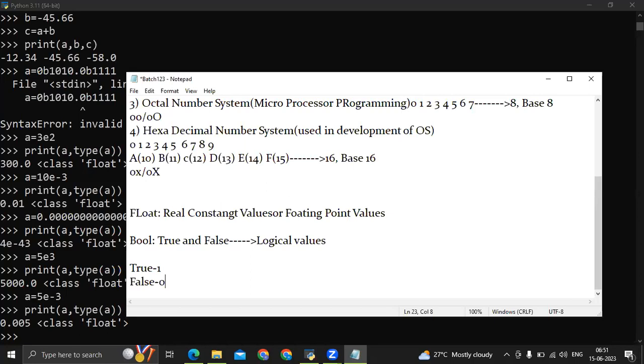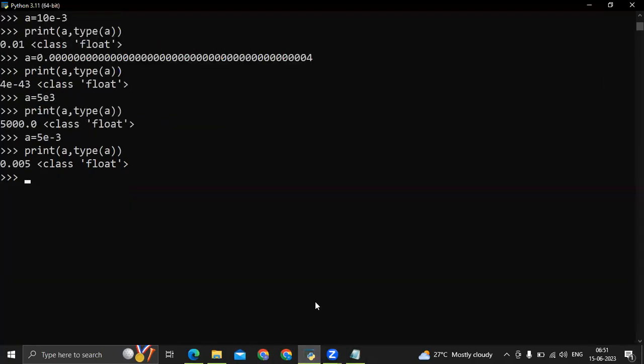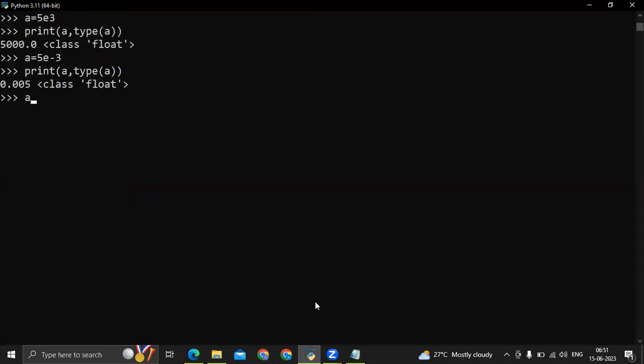Let me show you with the help of an example. Let's take A is equal to true. Please remember that T should always be capital. Now print type of A. See, this is class bool.